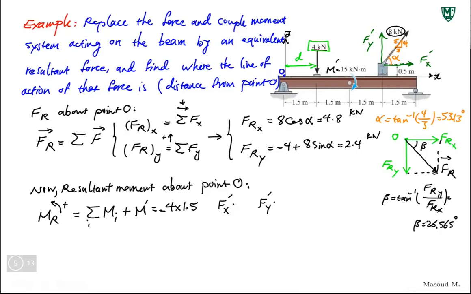This is the distance F prime x has with the line of action, if I continue it all the way here, the distance between line of action and point O. So that's 0.5. Now, is it positive or negative? Negative. Right-hand rule, go this way, it's going to be clockwise, so it's going to be negative. Next one, how about F prime y? What is the distance for that one?